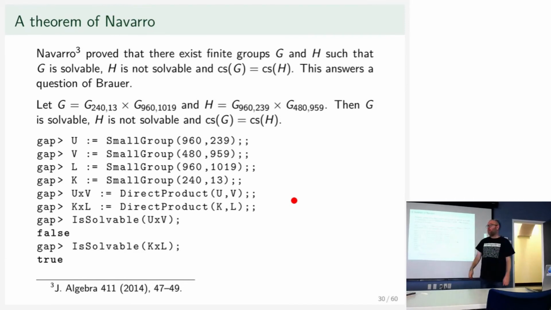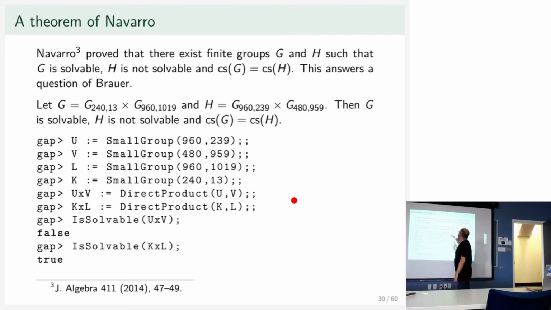So I don't know, maybe from the 60s or something like this, and Navarro realized that with computers you can do this. Okay? And here is the proof. In this case, you need to be a little bit more clever. Just running over the list is not enough, right? Because the list is not big enough. But this is what Navarro did. So first of all, I define this G, this direct product, okay?